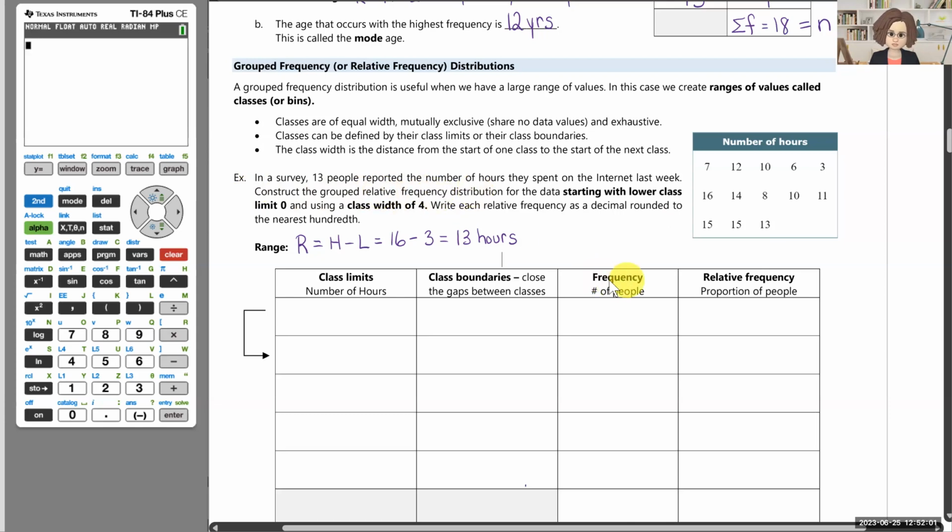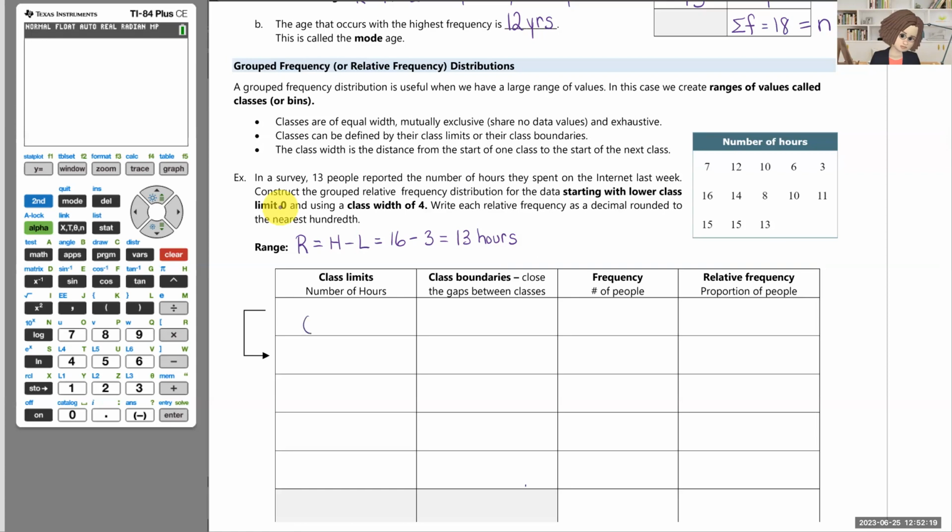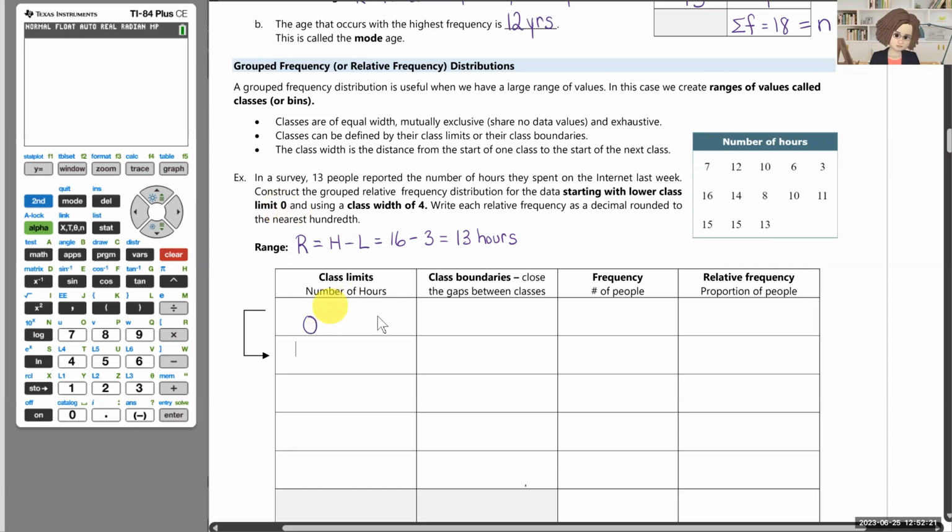So we're going to start with frequency, and then we'll get to relative frequency. But first, we've got to set up what we call our classes. So classes are just groupings, ranges of values. And the instructions for starting, they say start with a lower class limit of 0. So we're going to create a group of numbers here, a class starting at 0.